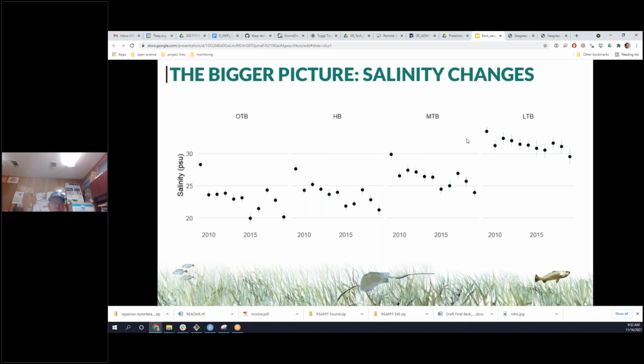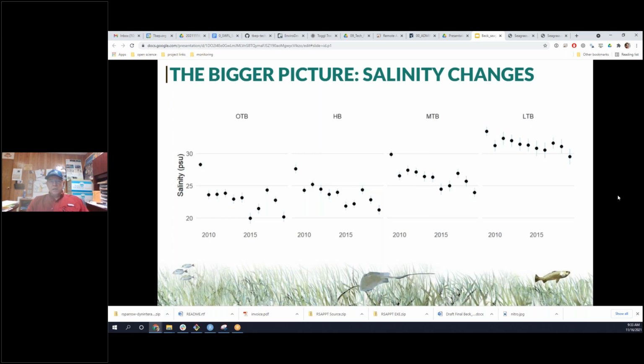And then also the bay as a whole, this is a slide from that same presentation. Interestingly enough, salinity, these are just annual averages, has seen a net decrease over time in the last 10 years or so. So Old Tampa Bay, Hillsborough Bay, Middle and Lower Tampa Bay, looking at average salinity from the EPC estimates, there's just been a reduction over time.